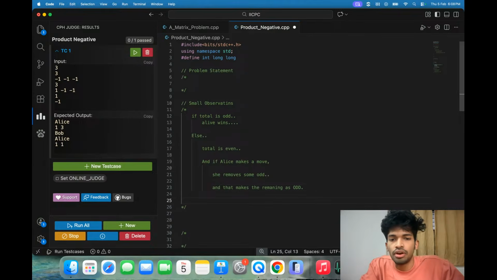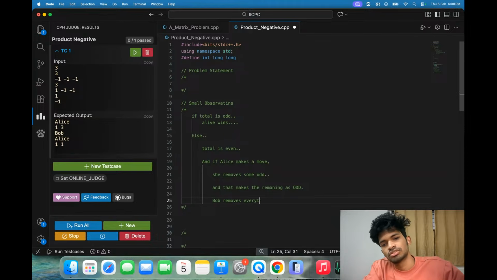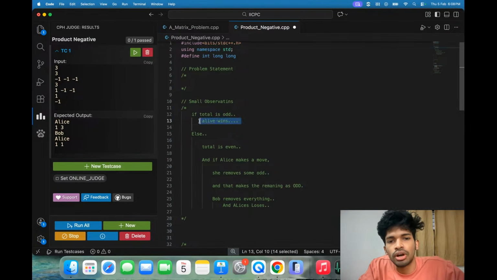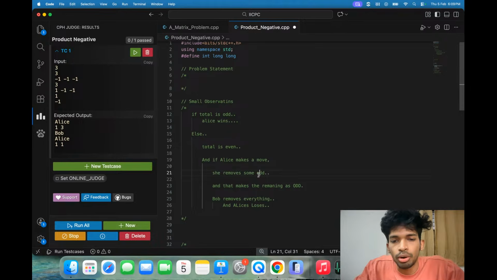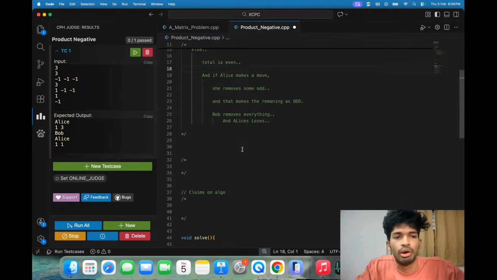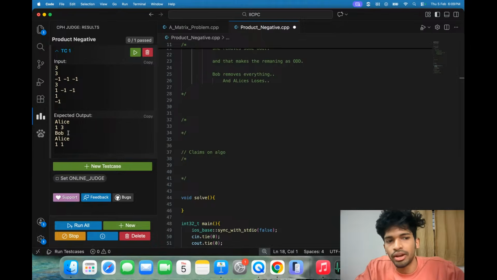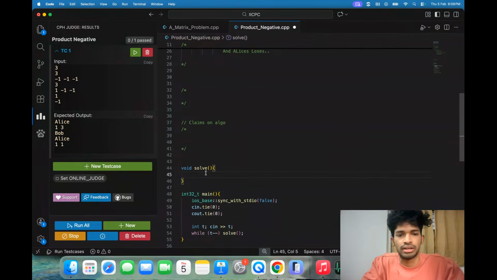If the remaining is odd, Bob removes everything. So Alice will lose here. It's simple: if the total is odd, Alice will win. Otherwise, if Alice can't make a move, Alice has lost already. If Alice can make a move, the remaining will definitely be odd because the total is even, and odd plus odd will be even. And then Bob can remove everything. So it's either Alice with 1 comma n or Bob, based on the number of minus ones.